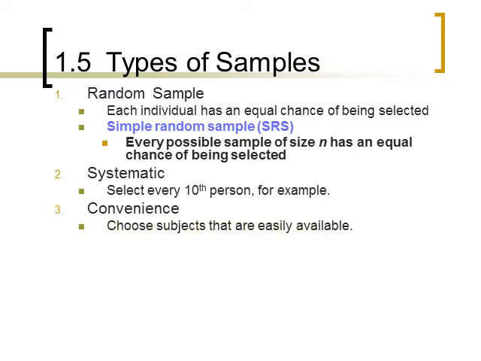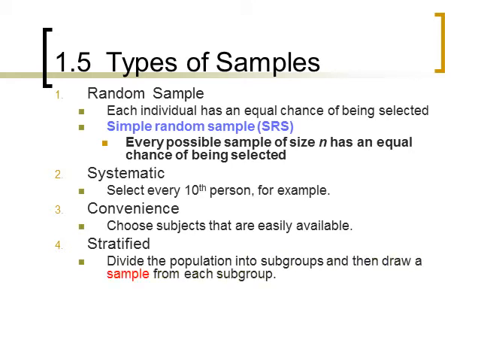Another type of sample is convenience. When we choose subjects that are easily available to us, for instance, we survey people who live with us, that's convenience. Or we survey people at our work, that's a convenience sample. And then there's stratified.